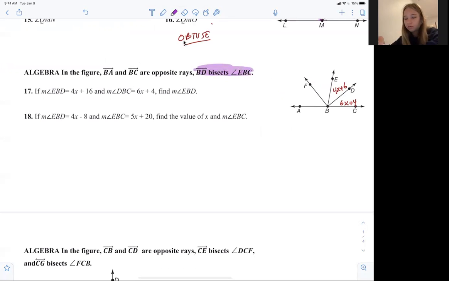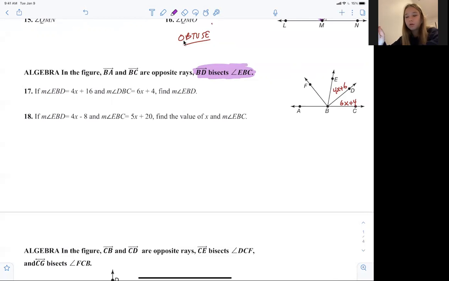Bisect. What do you think bisect means? Two angles intersecting. If you bisect an angle, you cut it into two pieces, but what's true about those pieces? They're the same. That's all bisect means. Bisect means cut it in half.